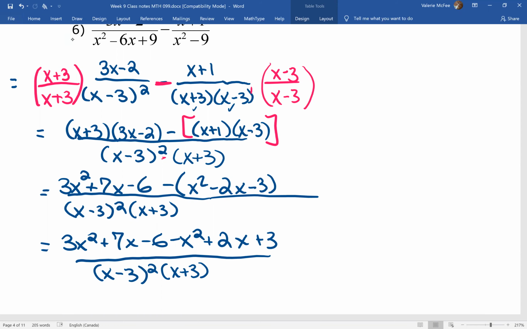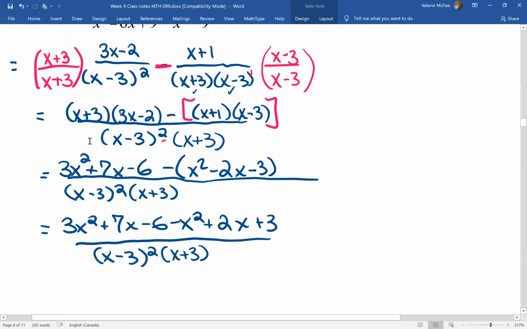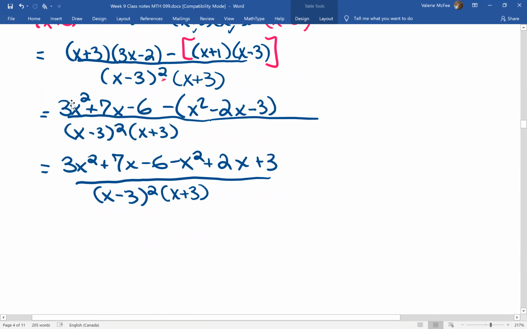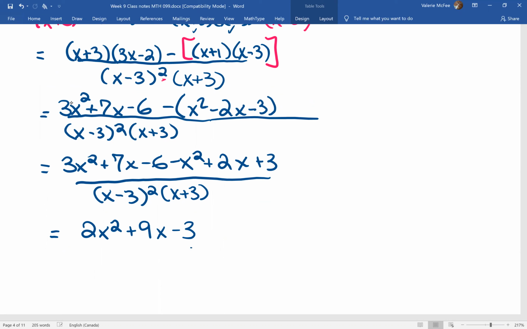So we've made sure to subtract that second product. Now we can combine like terms. We want to make sure that this is in simplified form, because if we're being asked for factored form, I need to know if I can factor the numerator.